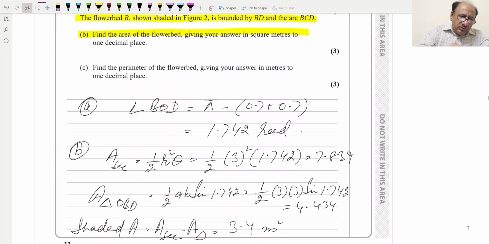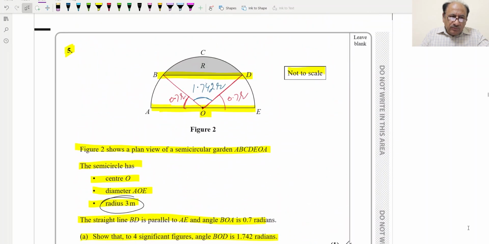Now we can go through the C part, and the C part says find the perimeter of the flower bed, giving your answer in meters to 1 decimal place, and this is a 3-mark part. So the perimeter of this shaded region will be BD plus BCD.